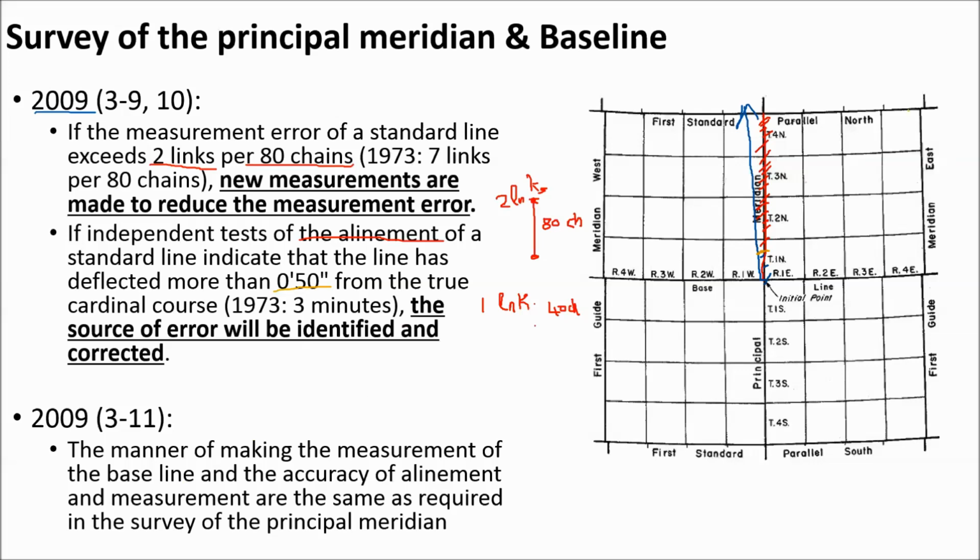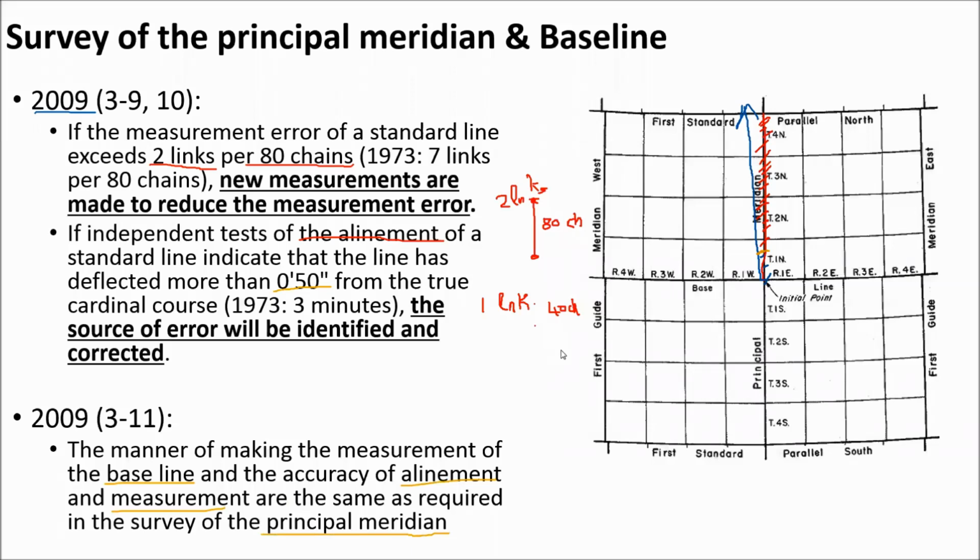The baseline. We've talked about the principal meridian here. Now, how about the baseline? The accuracy of the alignment and the measurement of the baseline are the same as those required for the principal meridian.